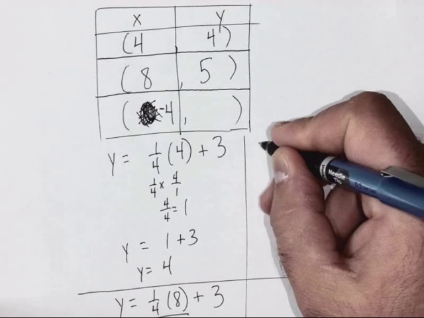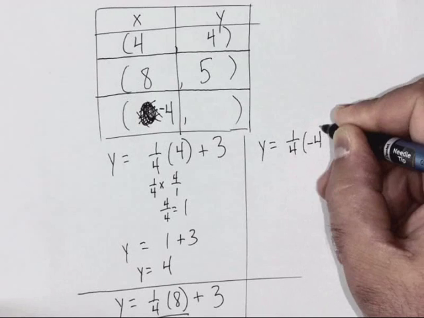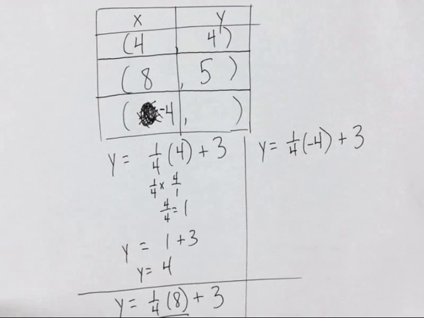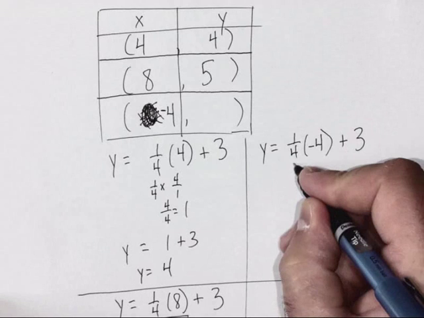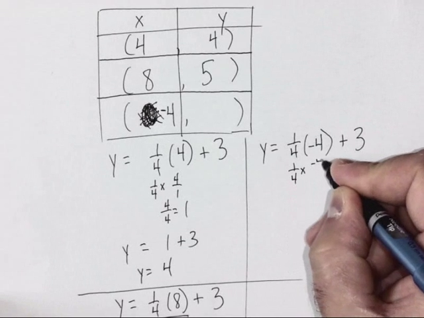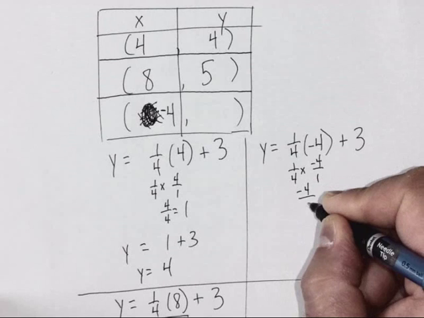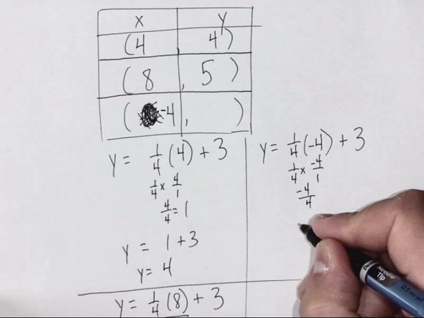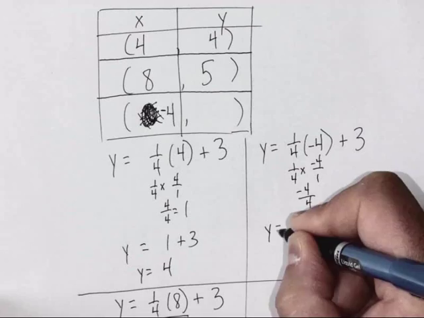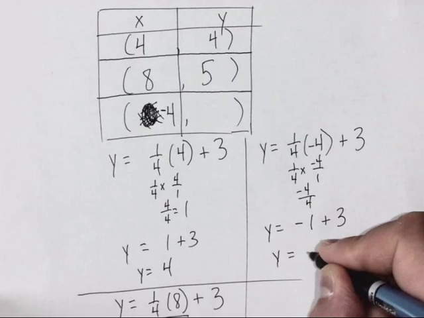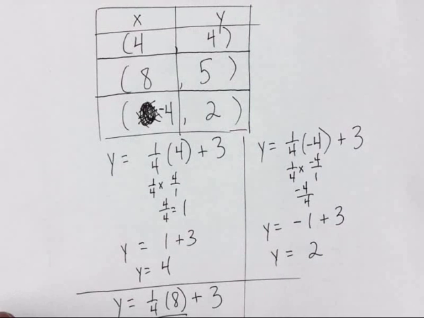So let's see what happens when I plug that in. Once again, because that's a multiple of 4, I'm not going to get a fraction, so -4 divided by 4 is going to be -1. So then -1 plus 3 gives me 2, so I get the point (-4, 2).